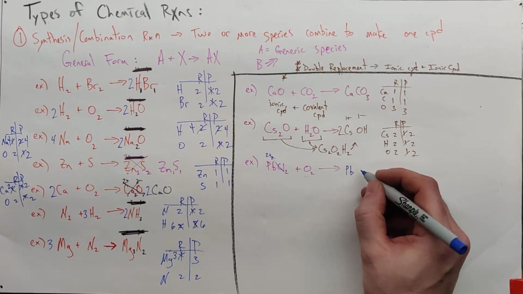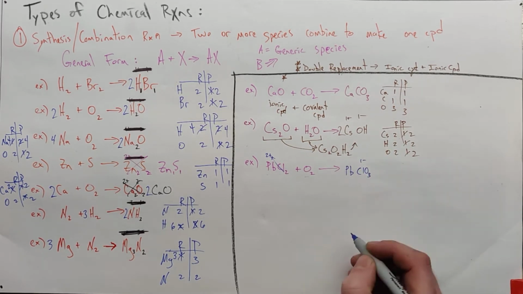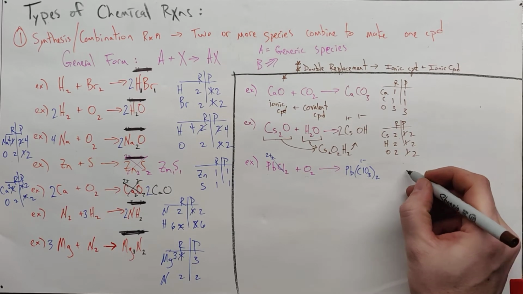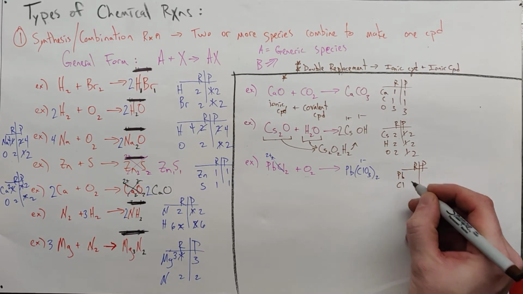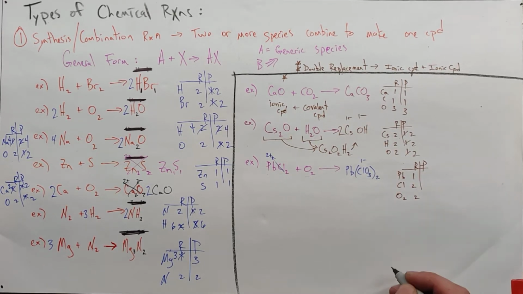And we've got lead in this case. Chlorate is ClO3. It's a 1-, so in order to make this work, we'll need 2 of those, yeah? We can set up our balancing table here with lead and chlorine and oxygen. On the left-hand side, 1 lead, 2 chlorines, 2 oxygens.